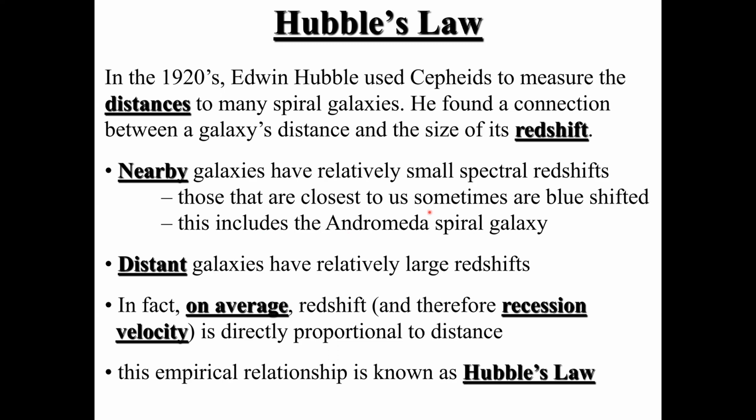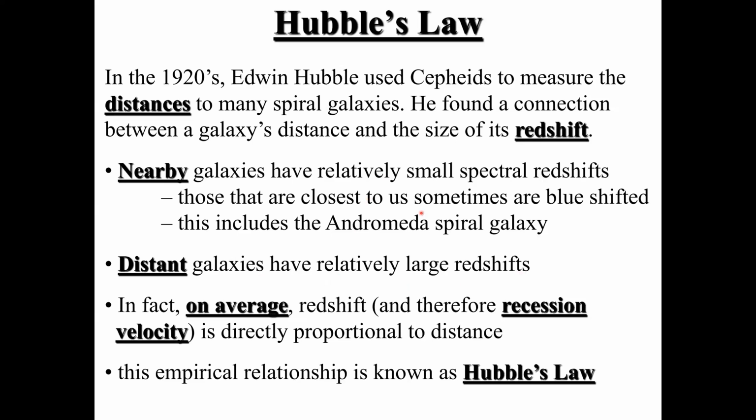And all of the other galaxies that they have observed are red shifted. Now, blue shifted means Andromeda is coming towards us, right? But other galaxies are moving away from us. And Andromeda is, of course, keep in mind, the closest large galaxy for us.